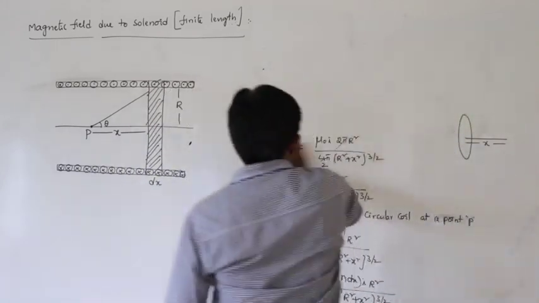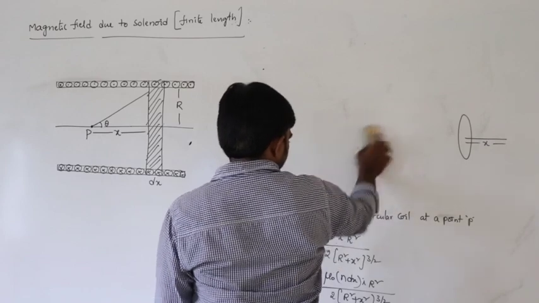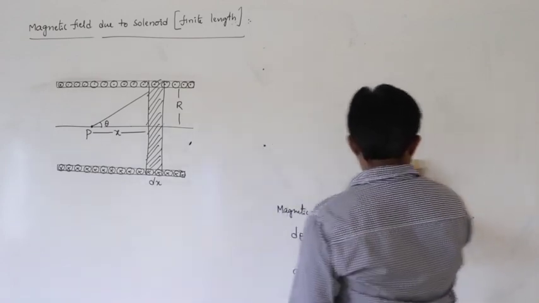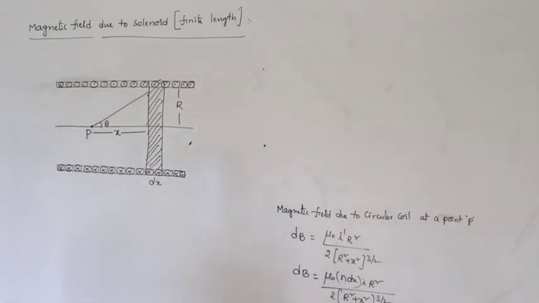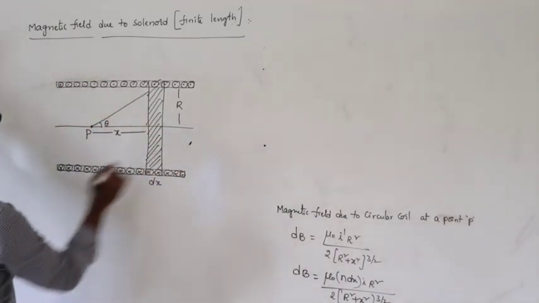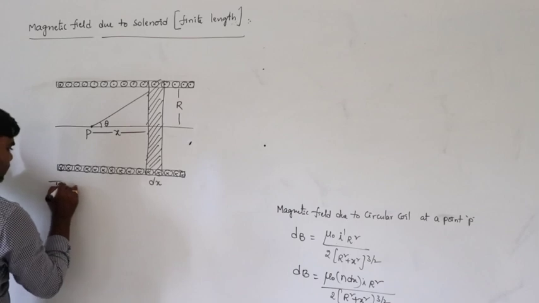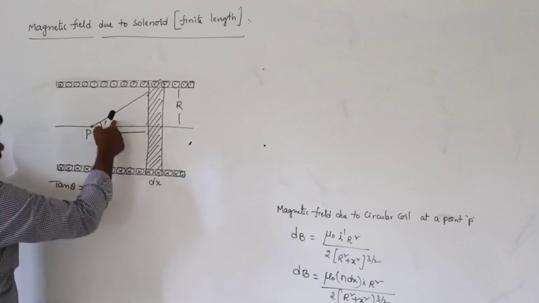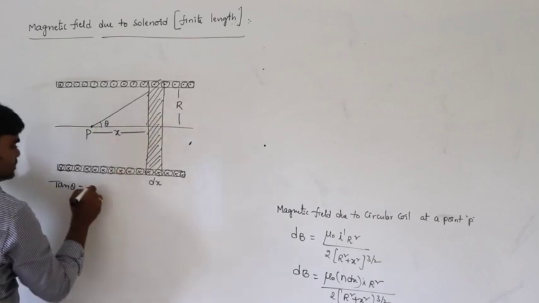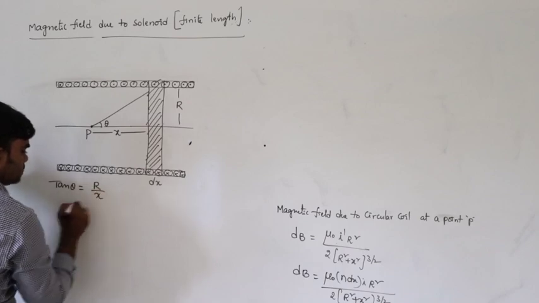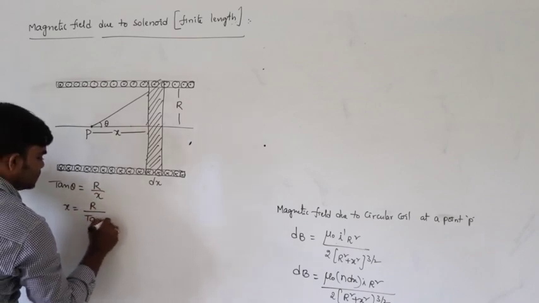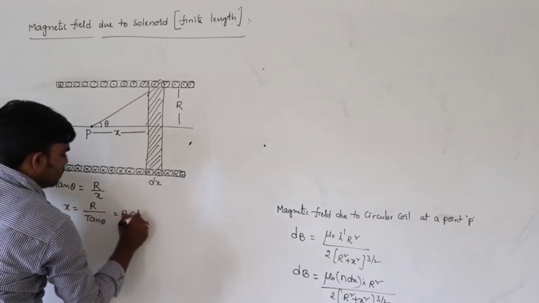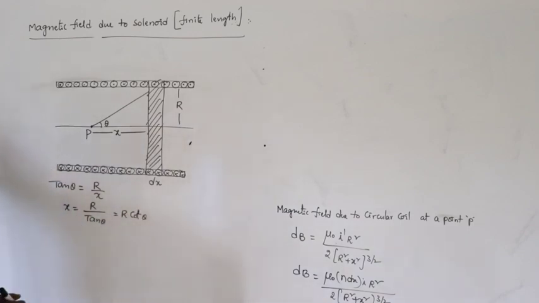From the diagram, tan theta can be written as opposite side by adjacent side, r by x. So x equals r by tan theta, that is, x equals r cot theta.